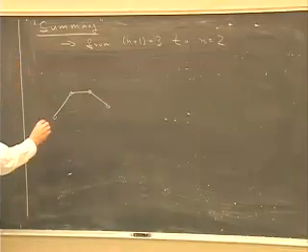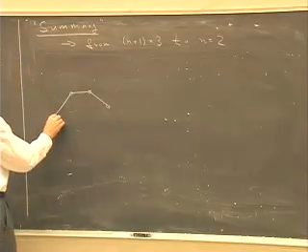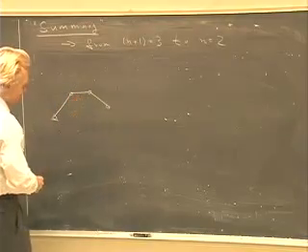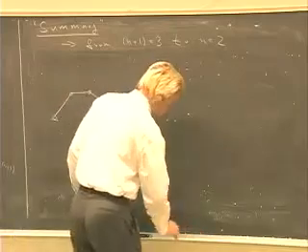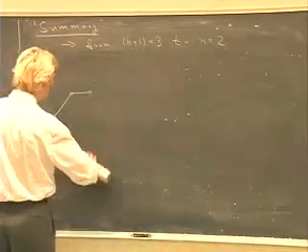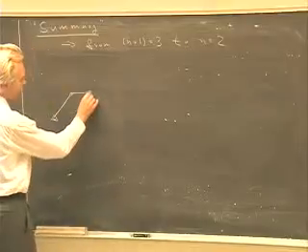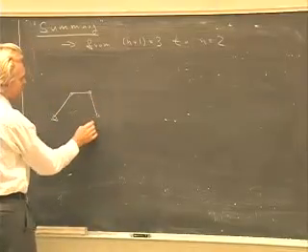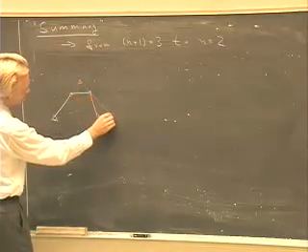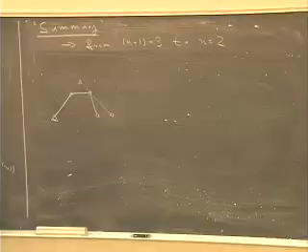And I constructed a new polygon for it. I want to do it like this. New triangle, and then pass through here, and new triangle. That's what I did there.